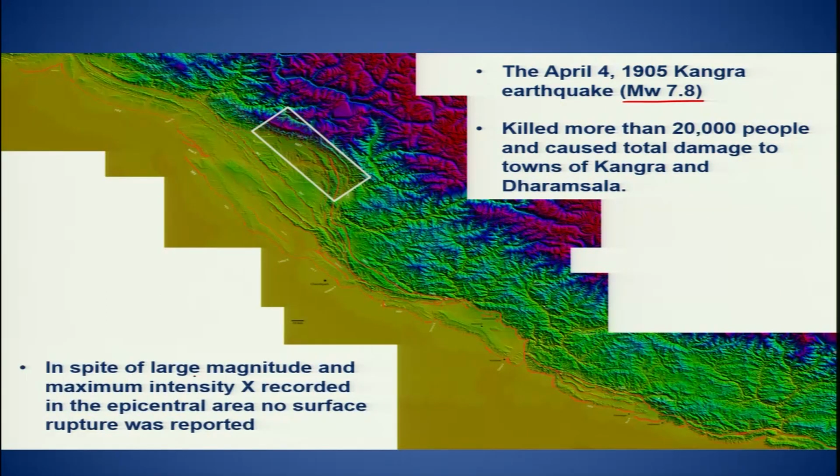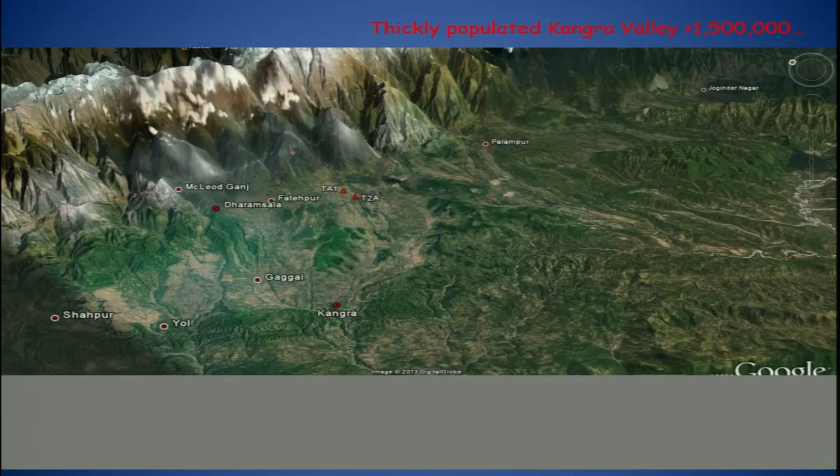In spite of the large magnitude and maximum intensity going up to 10 recorded in the epicentral area, no surface rupture was reported. Even the team who worked here, at that time under British rule, did the survey, but no surface rupture was reported.